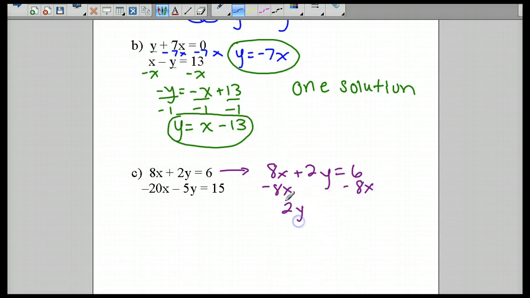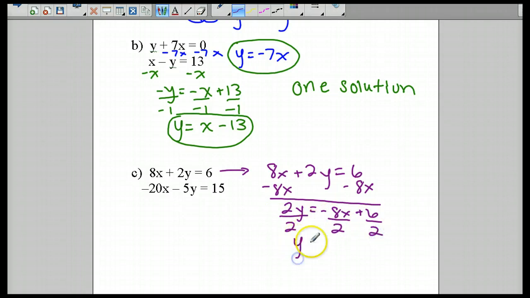We get 2y equals negative 8x plus 6. Now again, we want to divide by 2, which means we divide this by 2 and divide this by 2. So y equals negative 4x plus 3. 8 divided by 2 is 4, 6 divided by 2 is 3. So there's one of them.